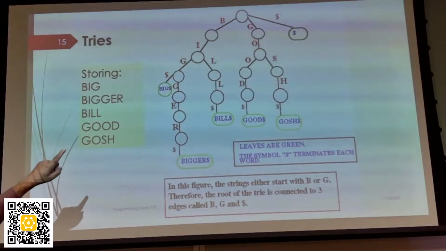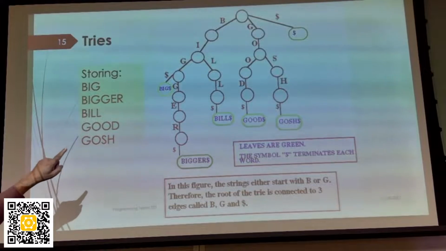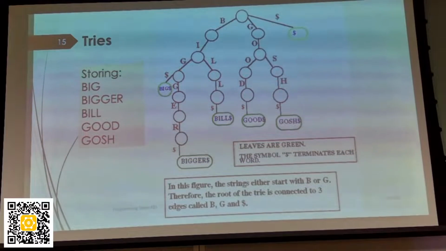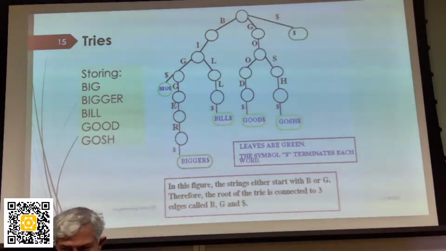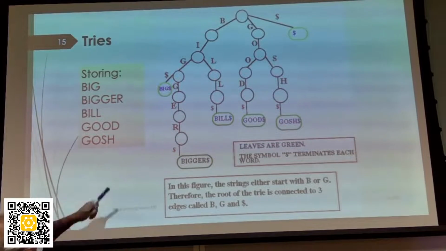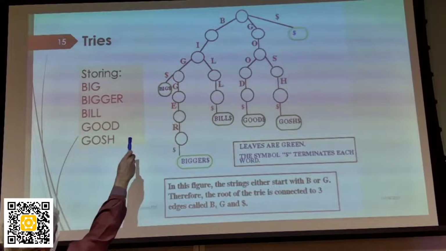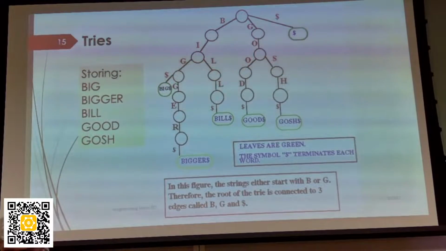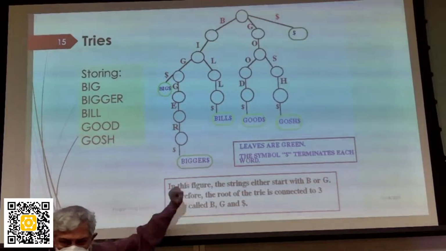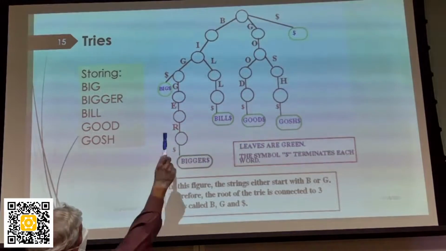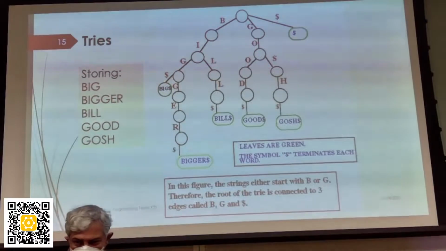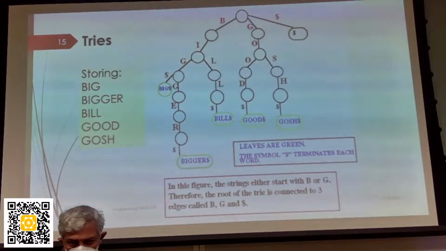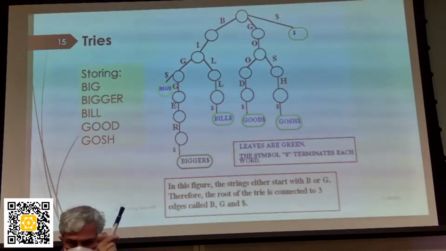I take the word big and put it one letter at a time and end it with a leaf. Then I take the word bigger, which uses part of big but then goes off in another direction and comes down here to bigger. Then I have bill, which uses part of big but goes off in a different direction after the BI.